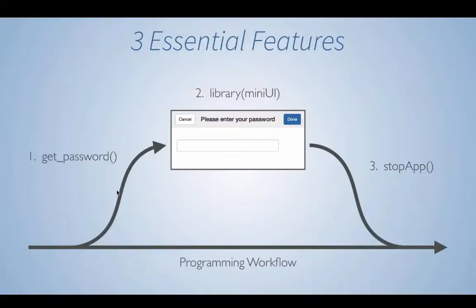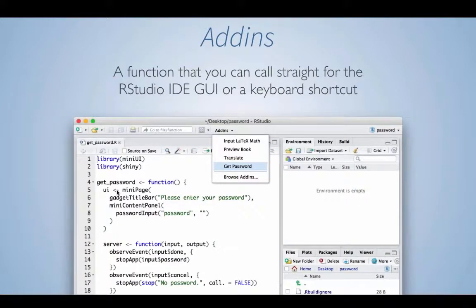And the idea here is with your gadget, you let your user leave the programming workflow temporarily by calling a function, here, Get Password. But you can make that even more seamless by giving them a GUI way to access your gadget. Instead of calling a function, they could actually access the gadget from the add-ins menu that is already in RStudio.